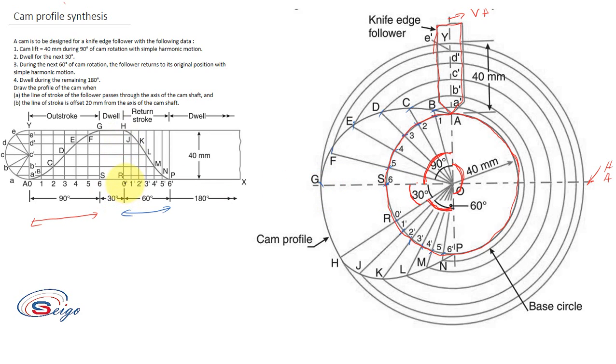After that 0 dash H, mark H here, 1 dash J here, 2 dash K here, 3 dash L here, 4 dash M here, 5 dash N here. After that 6 dash P.